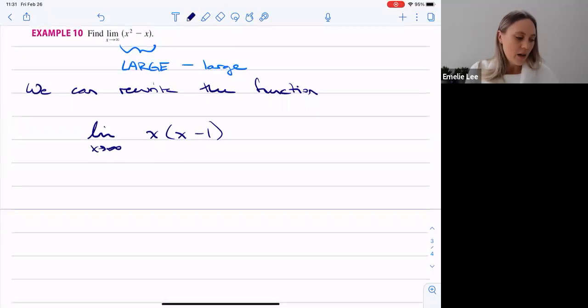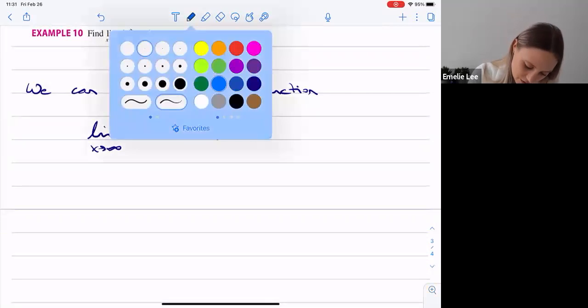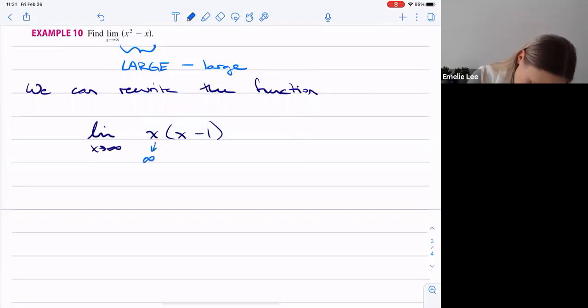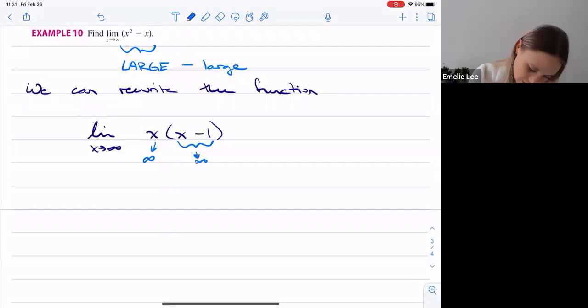So this is going to go to infinity, and then this is going to go to essentially infinity.